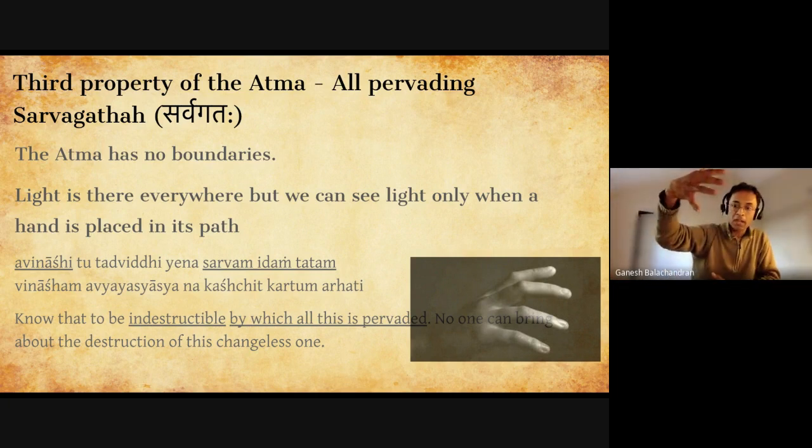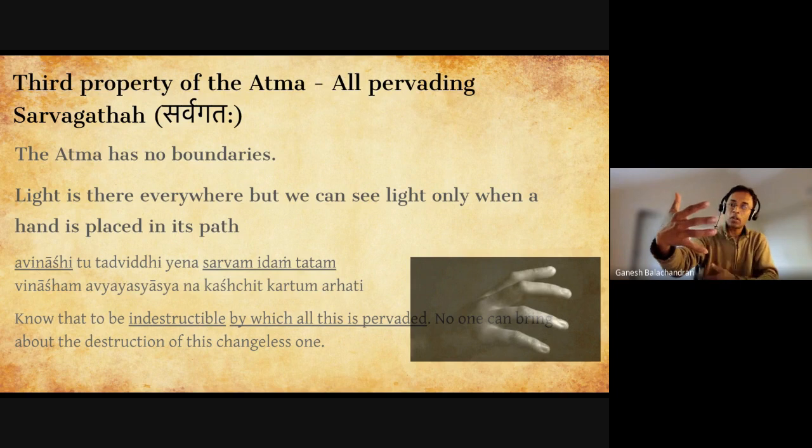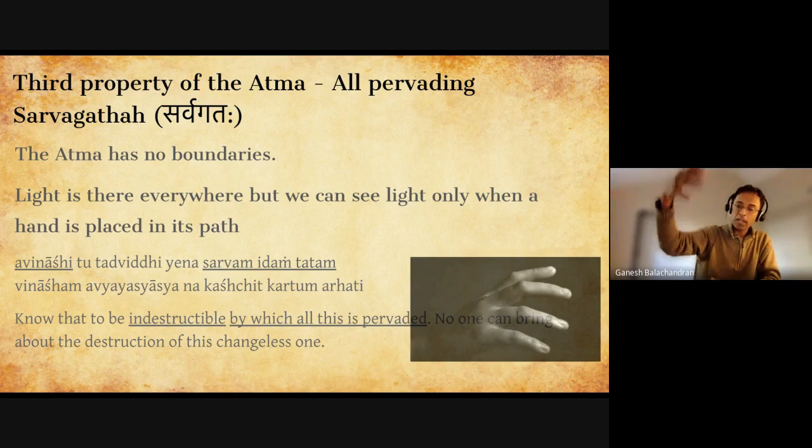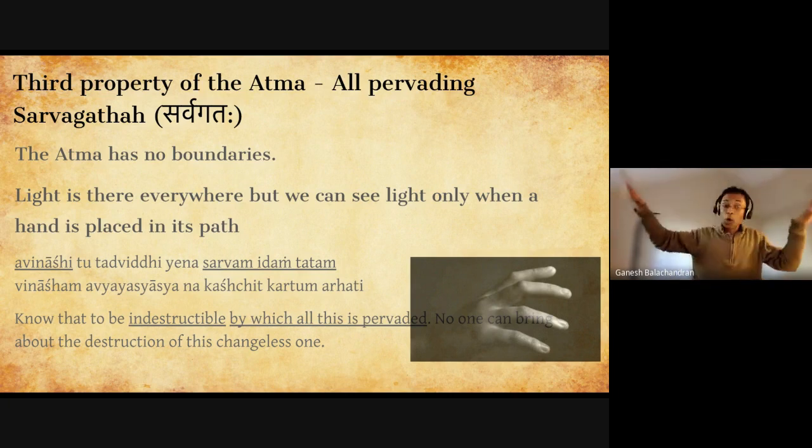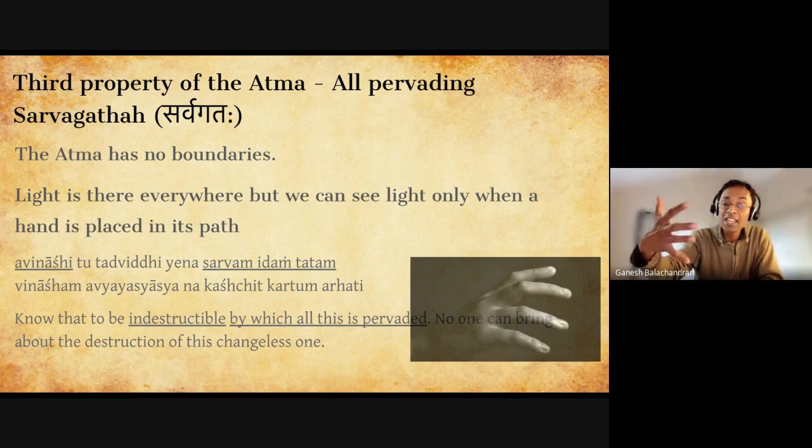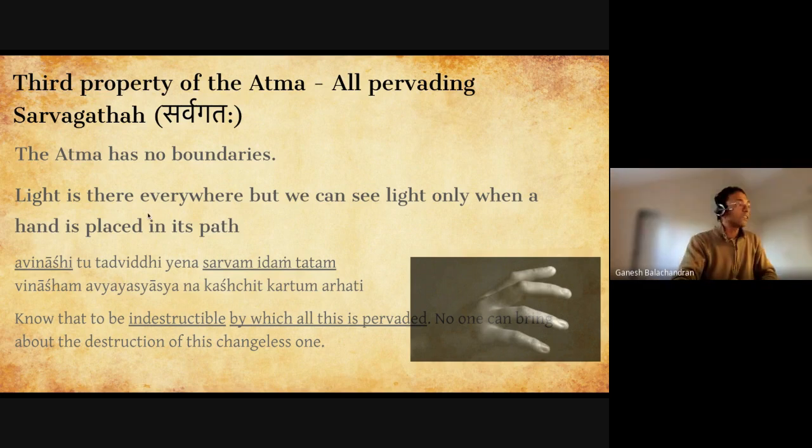Now, you put your hand in front of the light source, and then you see the hand and the reflection of the light on the hand. Now you move the hand like that. It looks like the light is moving, but actually the light is not moving. It is the hand that is moving. The light is always there, but it needs a reflecting medium to be able to see the light. Light is there everywhere, but we can only see light when there is a reflecting medium.